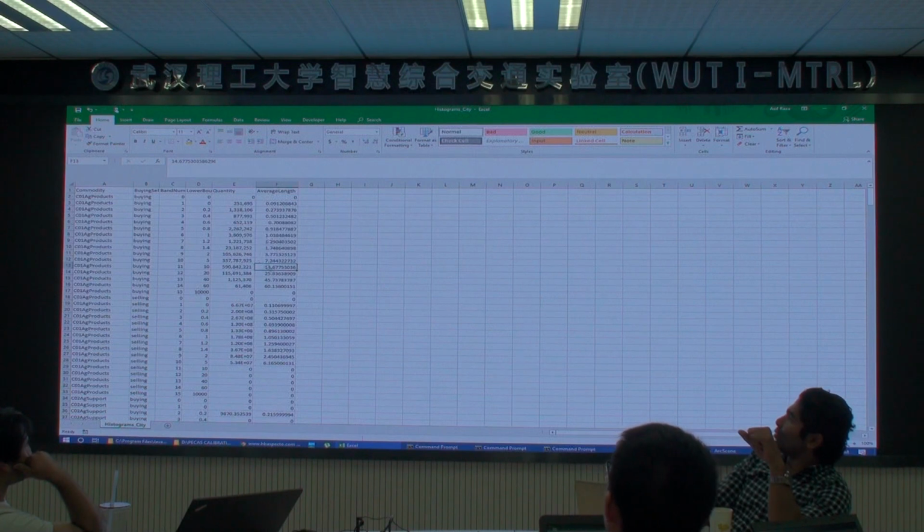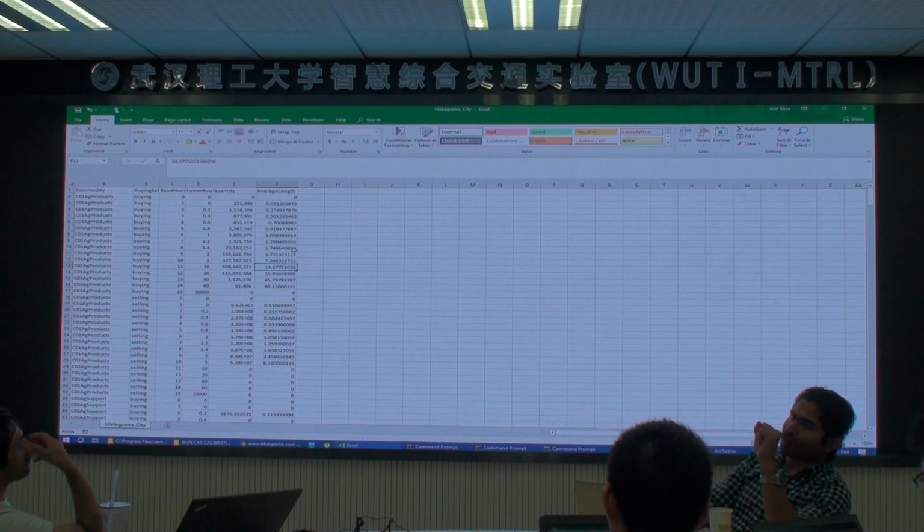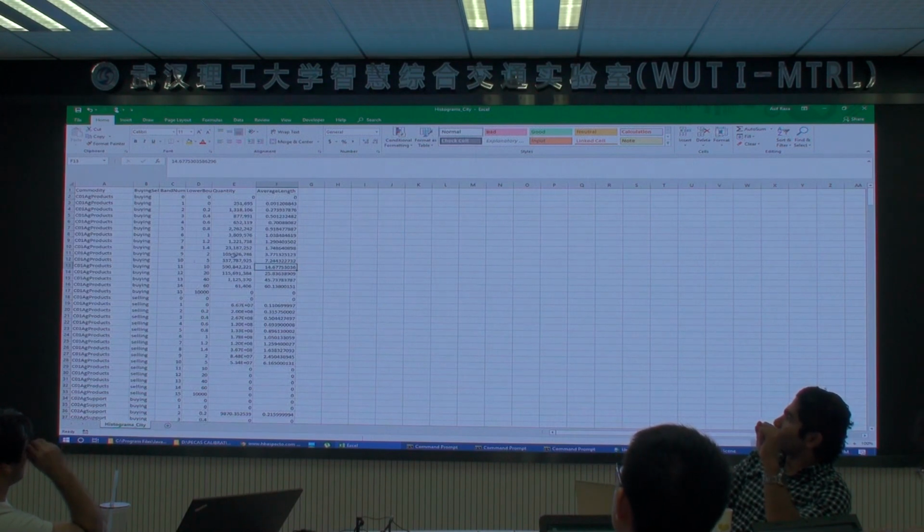So this file gives you this information, which is very important when you are calibrating the trip lengths, because we are changing the dispersion parameters and trying to calibrate the average trip length you travel to buy agricultural products.